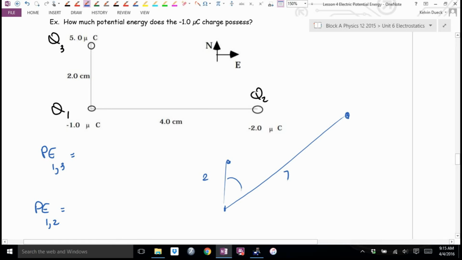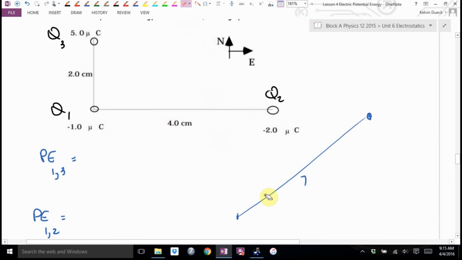No need. You might get an ugly diagram on your test. If it's a scalar, who cares? Okay. It's going to be K Q1 Q3 over R13.